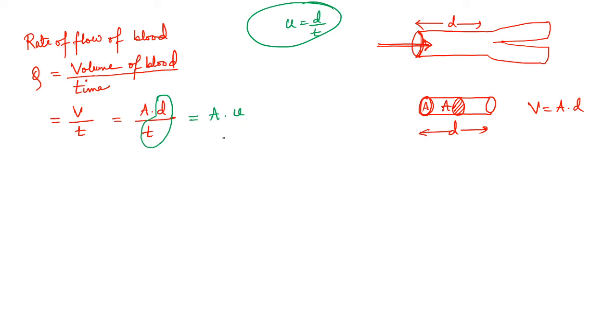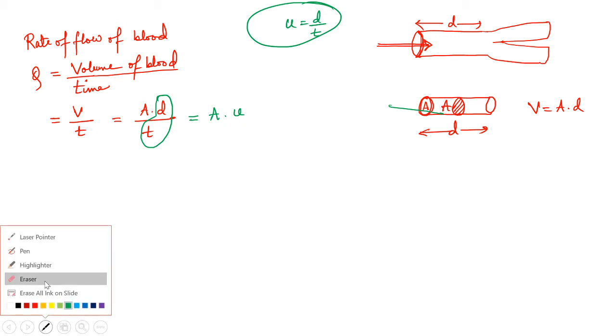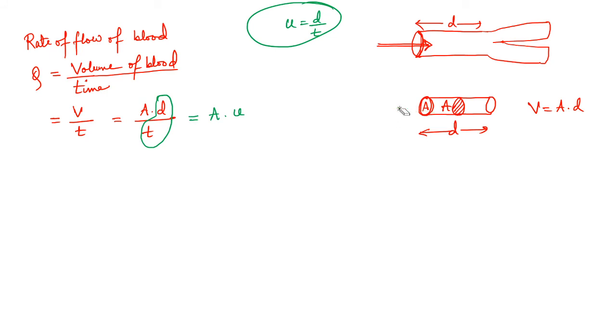So this is the velocity of blood through this vessel. Sorry, let me correct it. So it is velocity of blood through this vessel. Okay, u. So A into u, that is, rate of flow of blood is equal to area into velocity.